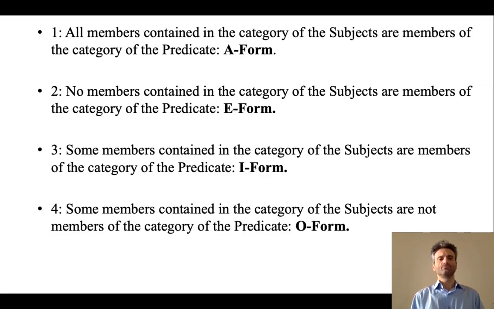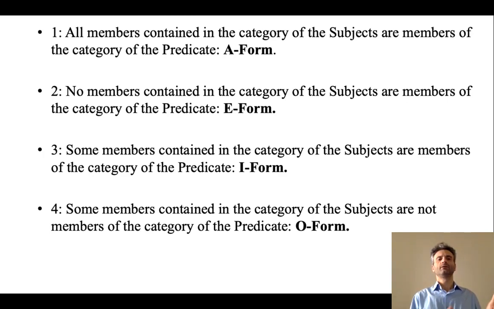These four ways are, the first one is that all members that are contained in a class of blonde people, for example, are contained also in another class, the class of something else. For example, blonde people and beautiful things.